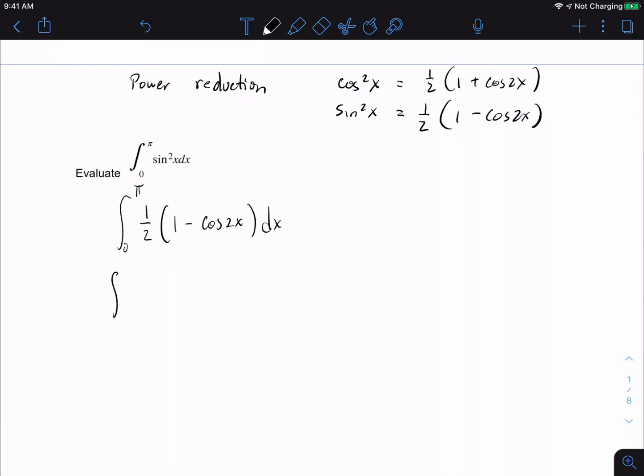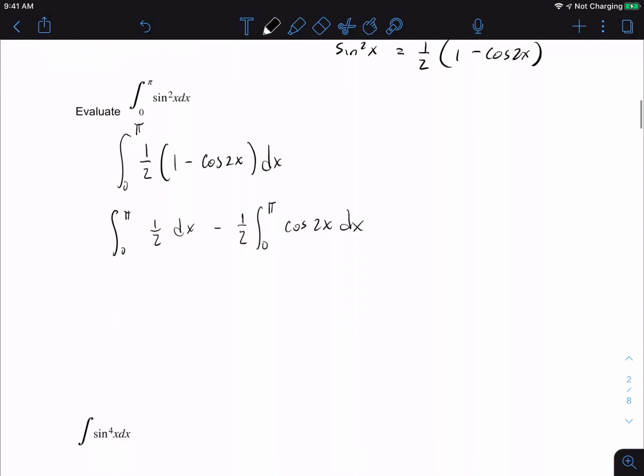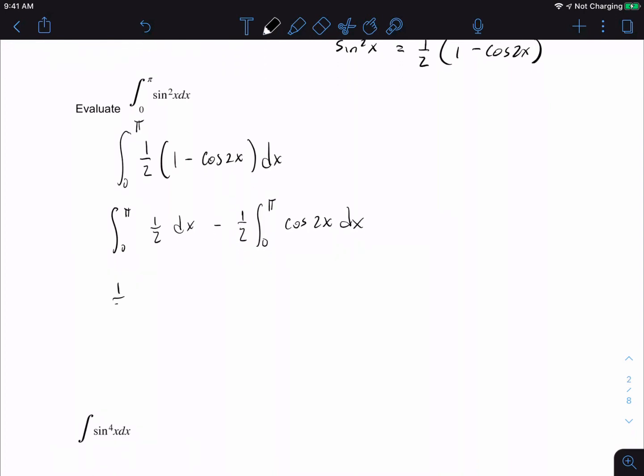Then we can break that up to be the integral from 0 to pi of 1/2 dx minus 1/2 times the integral from 0 to pi of cosine 2x dx. So this will be 1/2 x evaluated from 0 to pi minus 1/4 sine of 2x evaluated from 0 to pi.